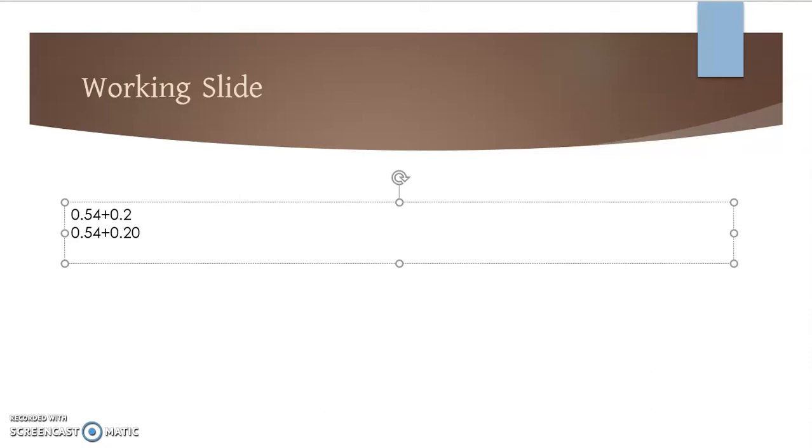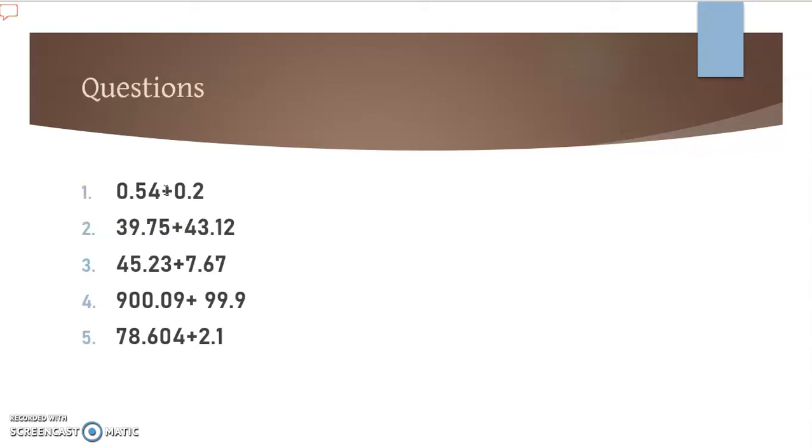Now 0.54 plus 0.20. We could simply just do 54 plus 20, that is 0.74. So that's our first question.